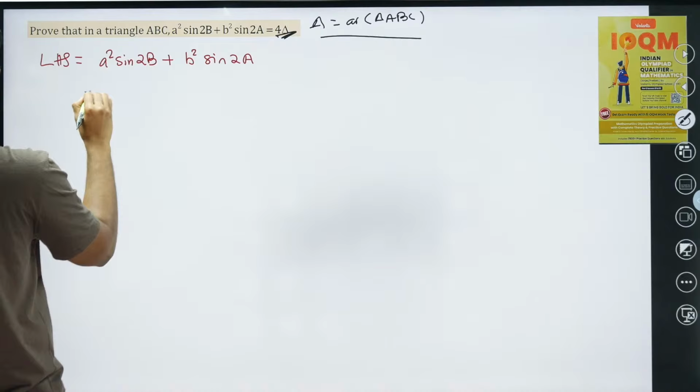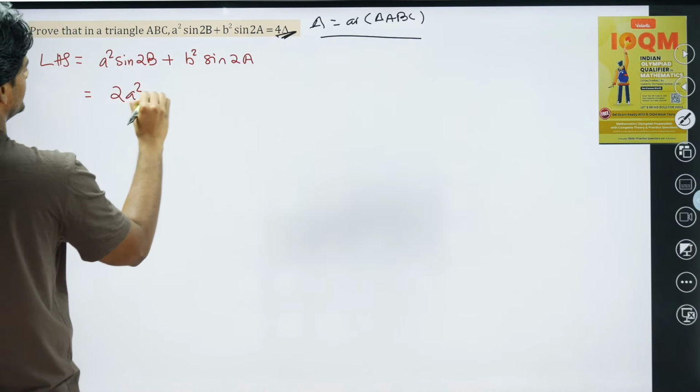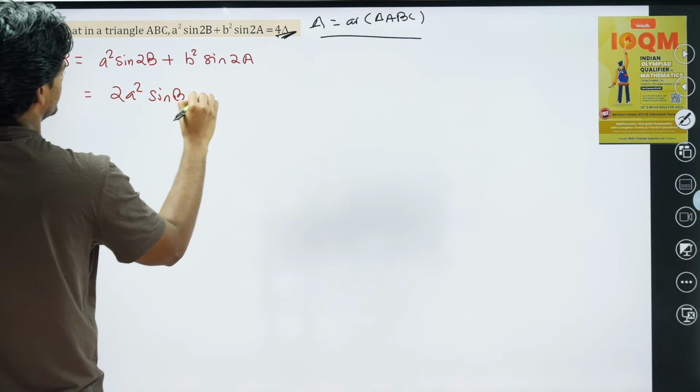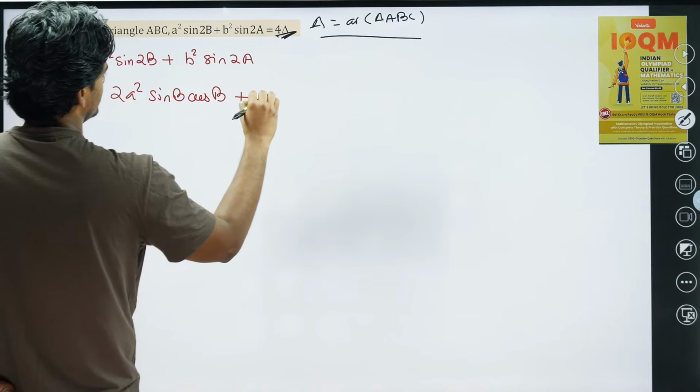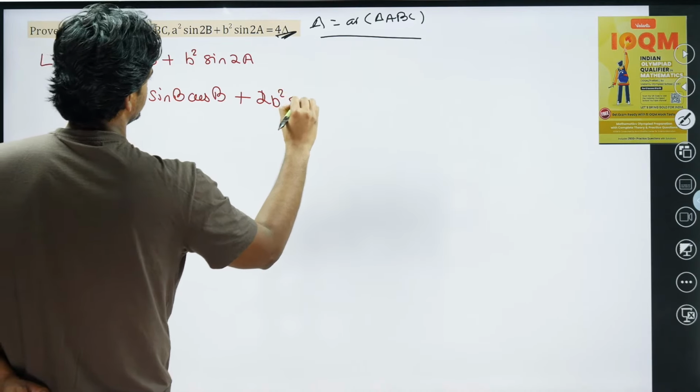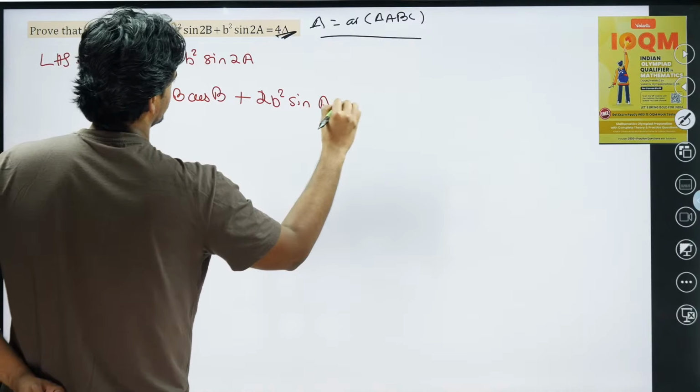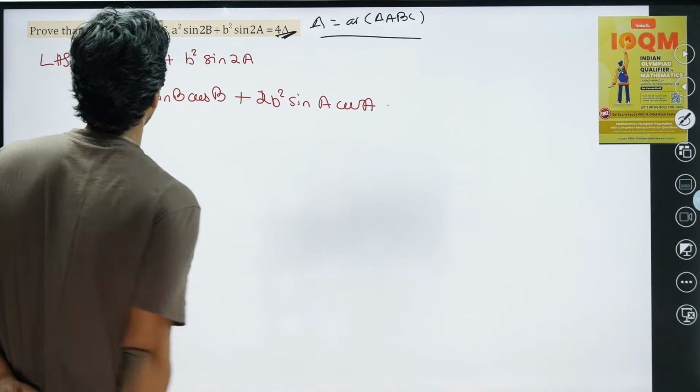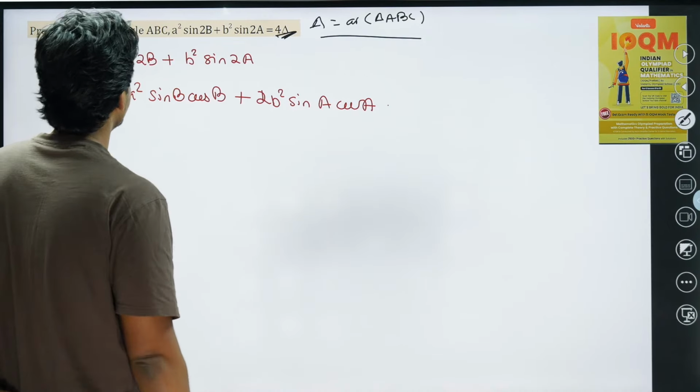LHS: 2a square sine B cos B, 2b square sine A cos A.